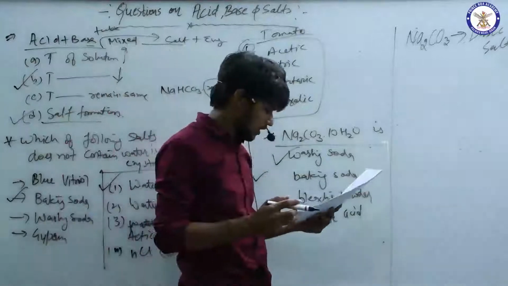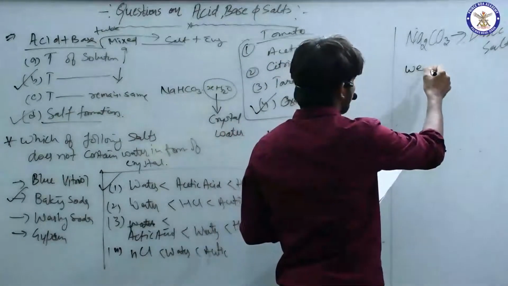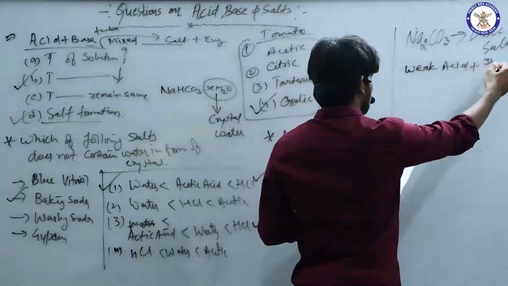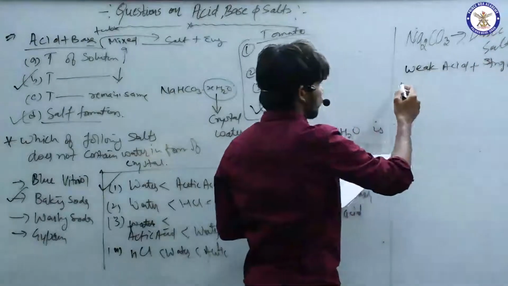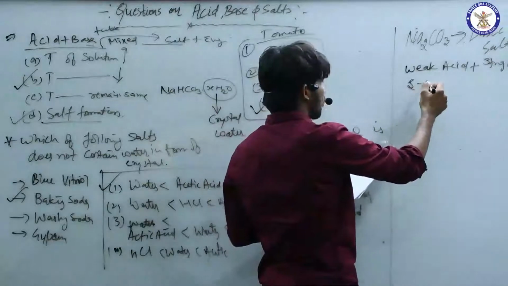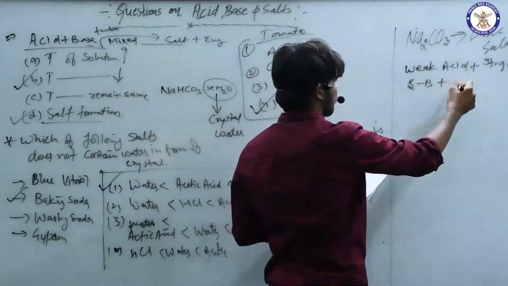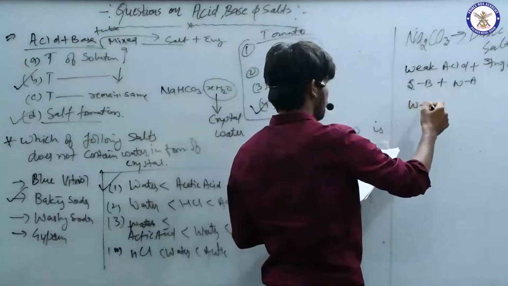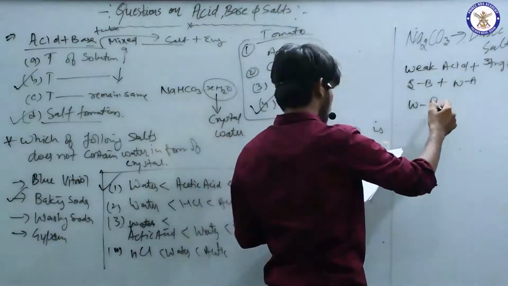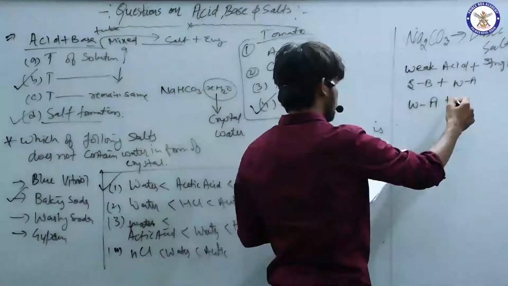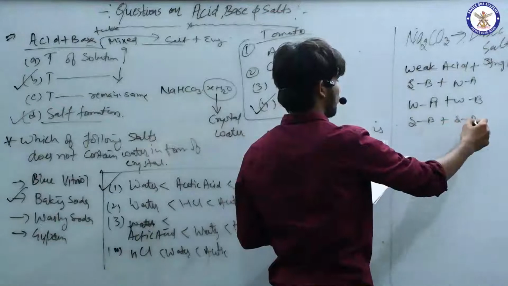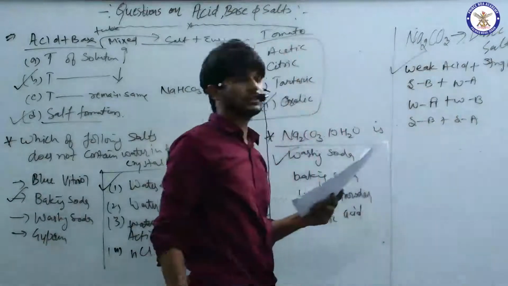So the options are: weak acid plus strong base, strong base plus weak acid, weak acid plus weak base, and strong base plus strong acid. So the right answer would be weak acid and strong base.